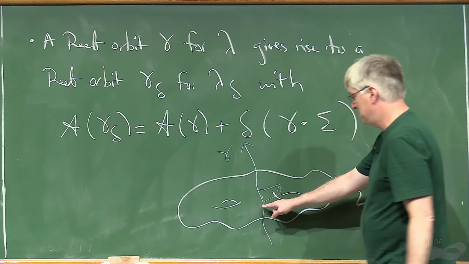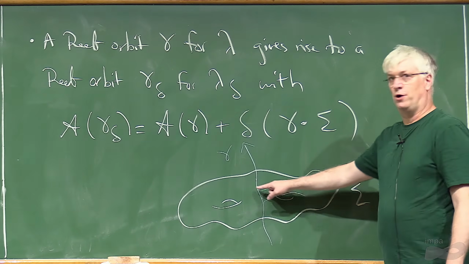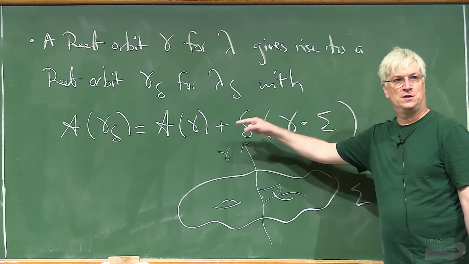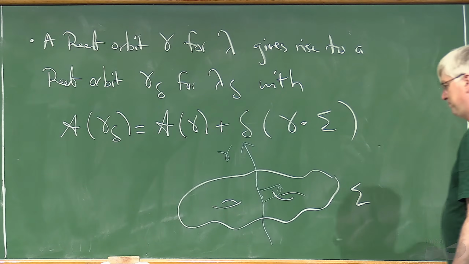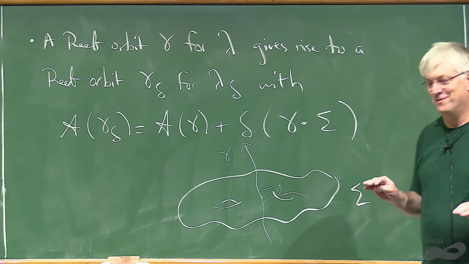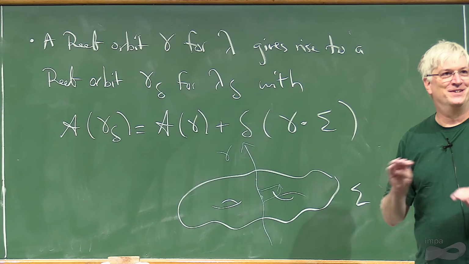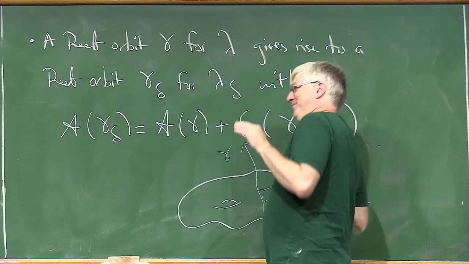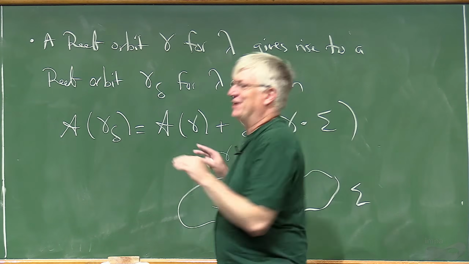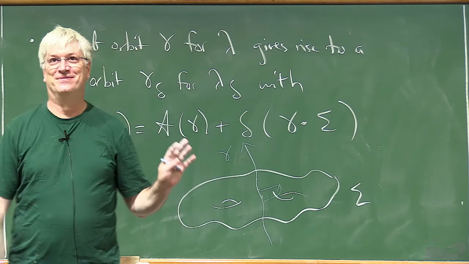It's going to get deflected and take a little longer to cross the neighborhood of sigma. It's like there are high winds near sigma. You're walking along and then the wind blows you in the other direction, and then you keep going and it's fine. Okay.